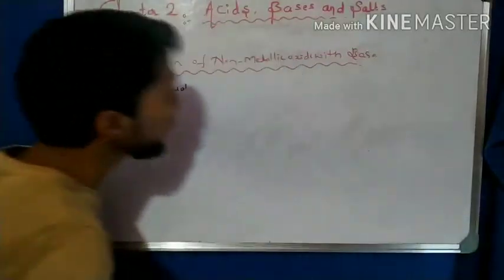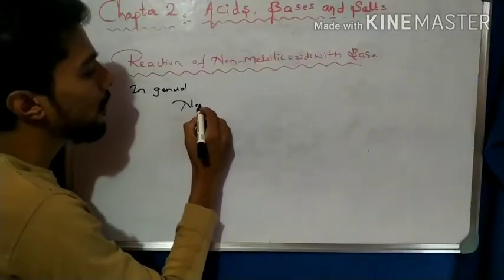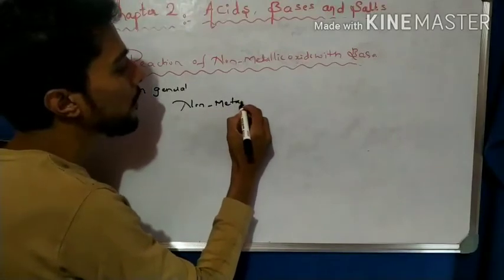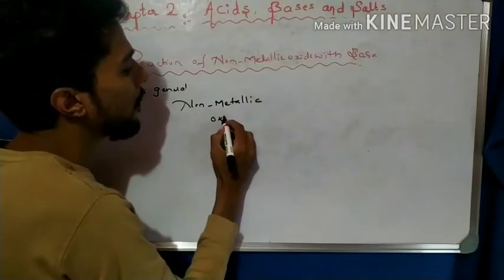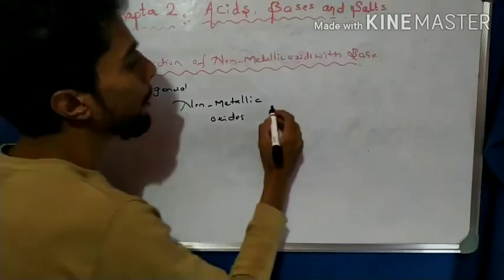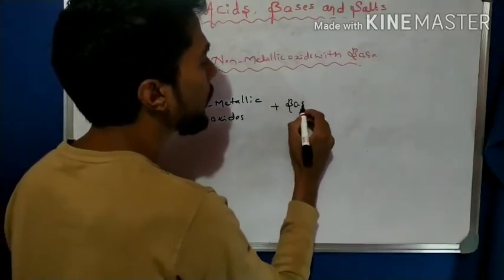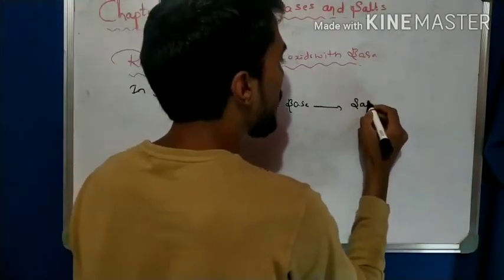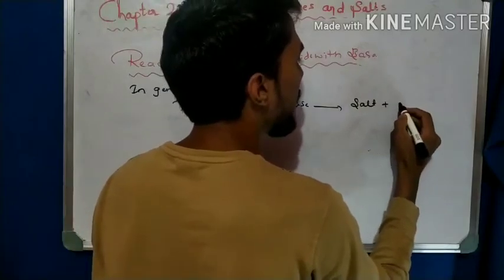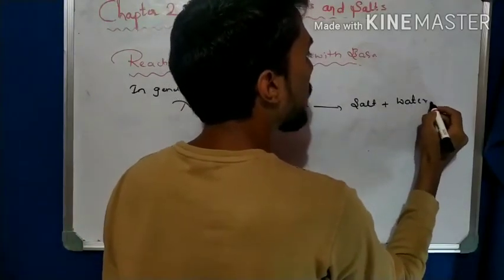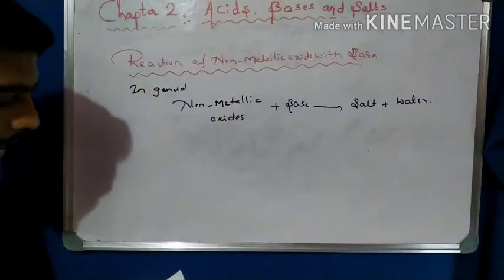Okay, now take non-metallic oxide plus base. No change: salt and water. Same story, salt and water. So I take an example here.